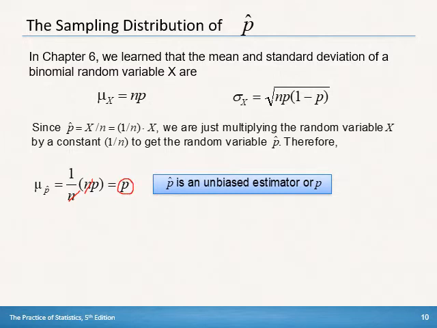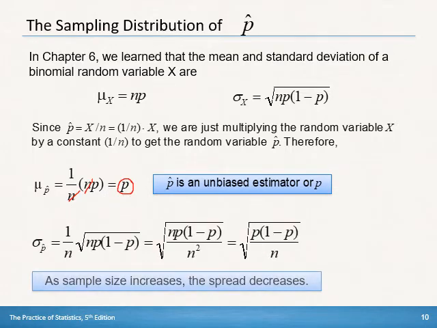That is one more way of verifying that p hat is an unbiased estimator, because the mean of its sampling distribution will always be equal to p, the true proportion in the population. And we can use a little math to do the same thing with the standard deviation.